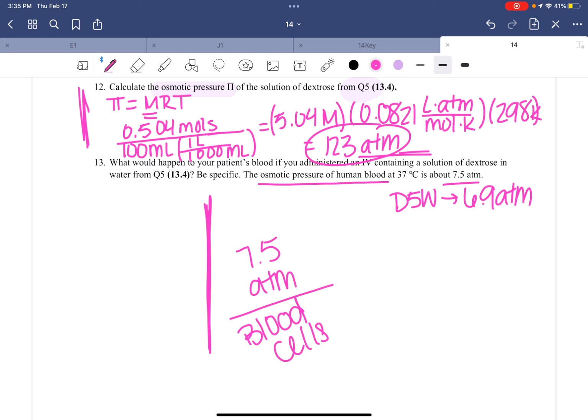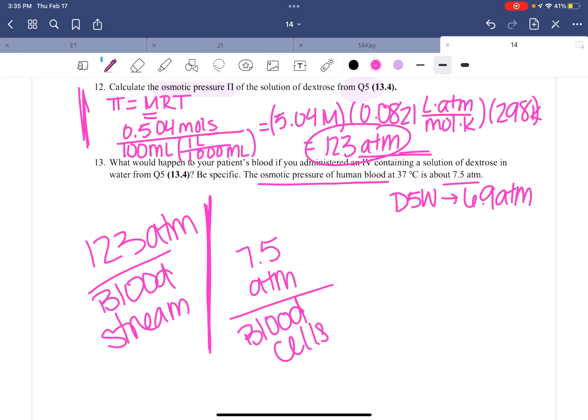And then on the other side of the membrane is this 123 atmosphere osmotic pressure. And if that's coming from the IV, that's going to be the pressure in your bloodstream. So now there's this huge difference between your blood cell osmotic pressure and your bloodstream osmotic pressure.